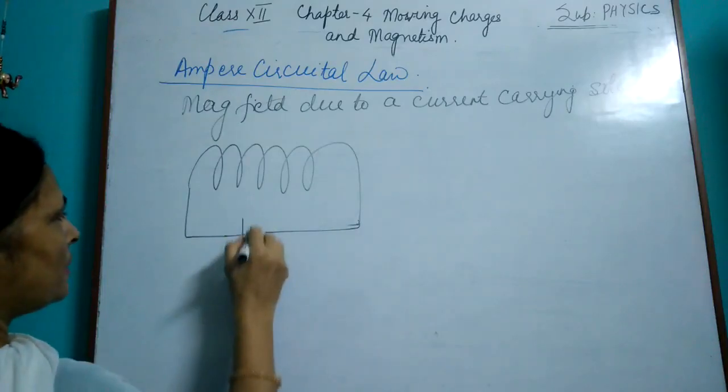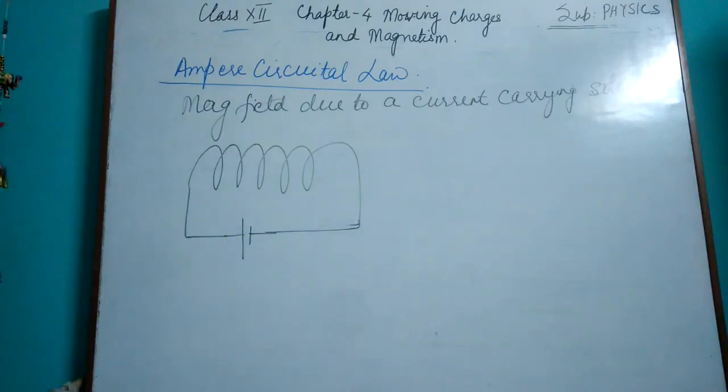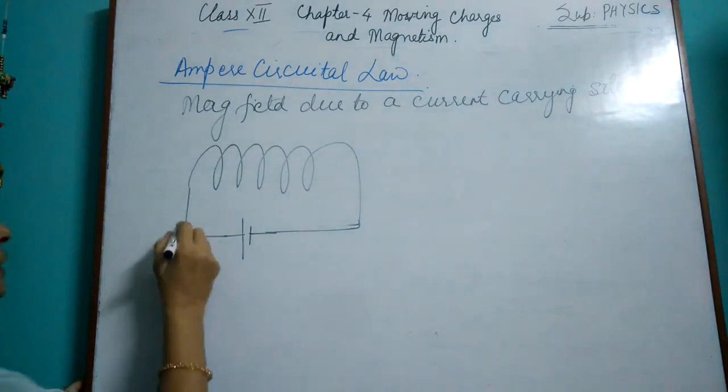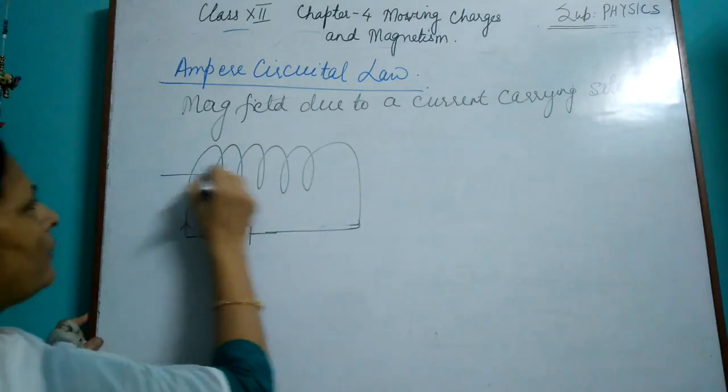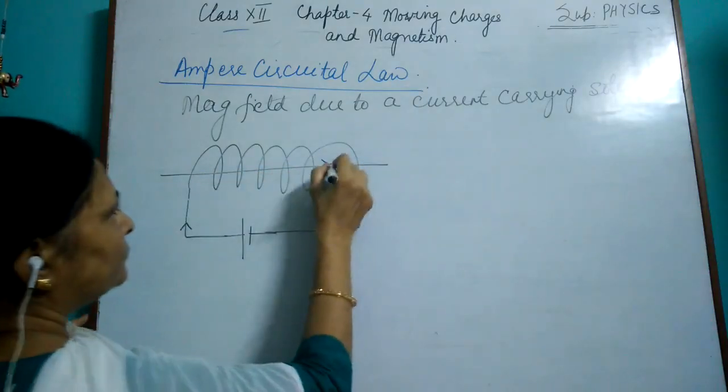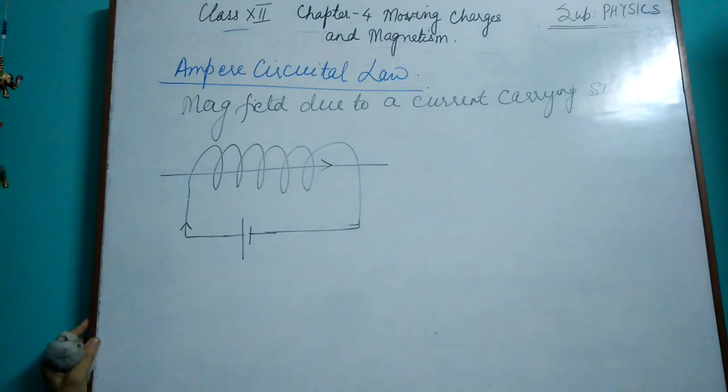Say this battery is there. So a current will flow in the circuit in this direction. Magnetic field will have now this direction. This you have done in class 10 also. A current carrying solenoid behaves as a bar magnet, and the magnetic field so produced is similar to that of a bar magnet.